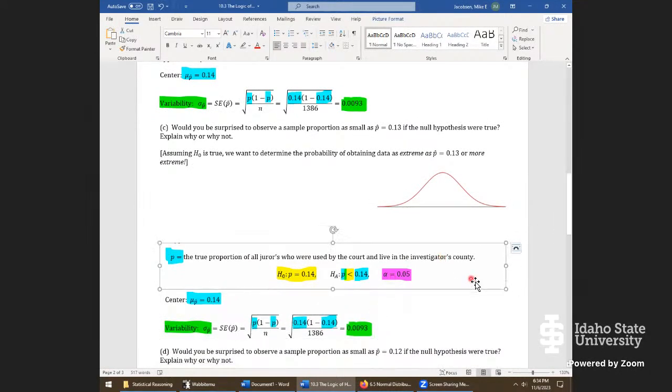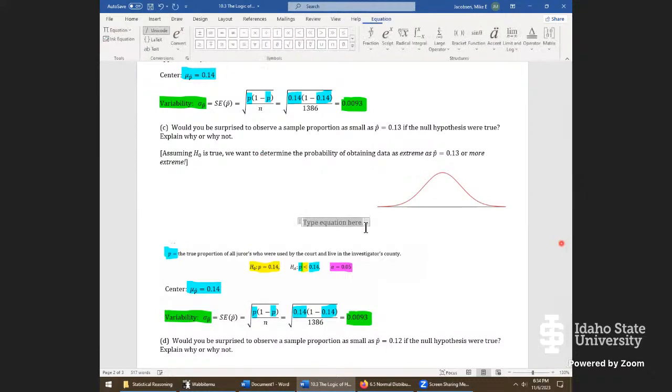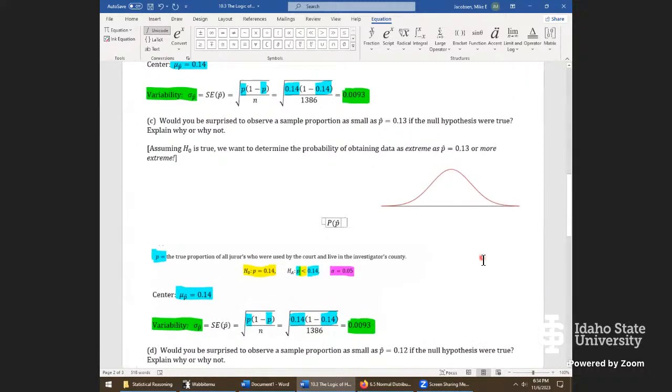Let me just make these a little bit more manageable size. And here's what we're going to calculate right away. We want to calculate the probability that our statistic, which is going to be p hat, this is where the x would have gone on those prior problems when we were in section 6.5.